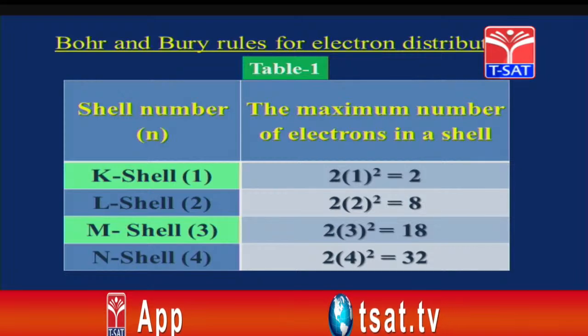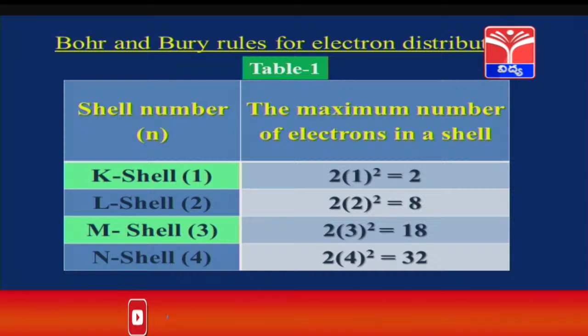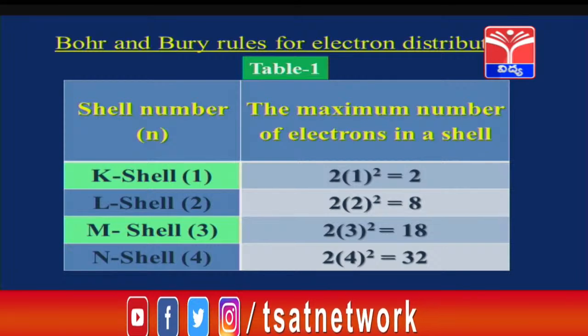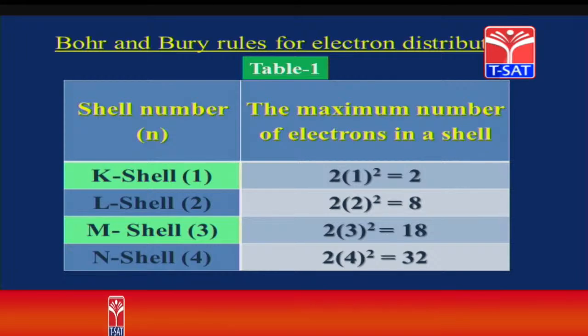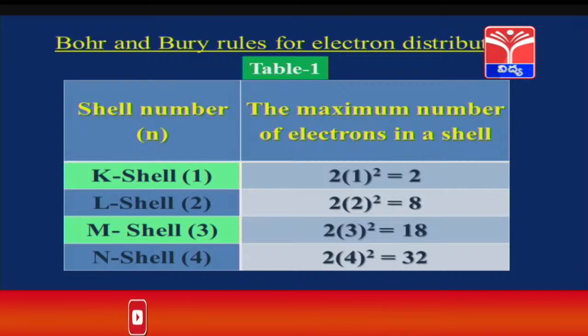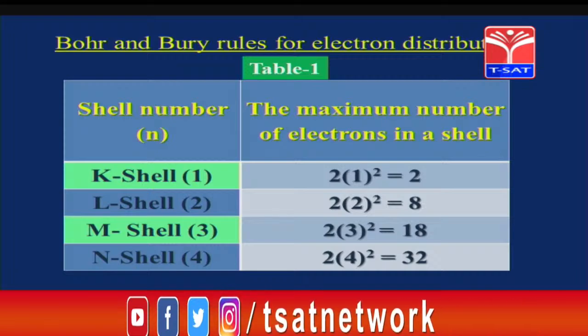And in the similar way, the N shell, that is the fourth shell, 2 into 4 square equal to 32. This table tells about the maximum capacity of each shell to accommodate electrons. First shell 2 electrons, second shell 8 electrons, third shell 18 electrons, fourth shell 32 electrons.